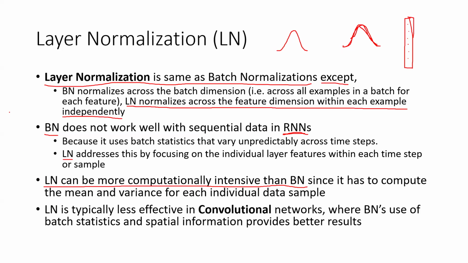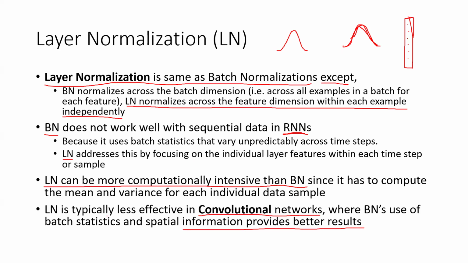Now, when is layer normalization not good? It is when you are using convolutional networks, which we will be discussing later as well, right? In convolutional neural networks, batch normalization works better because close by data points contain information which is much more related, compared to the layer wise information.